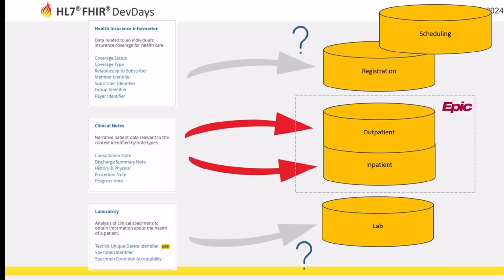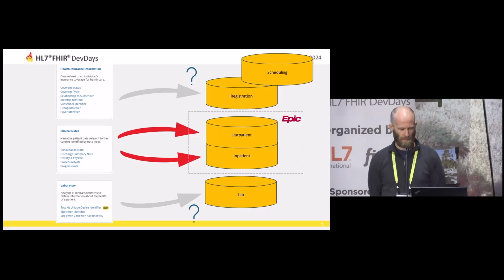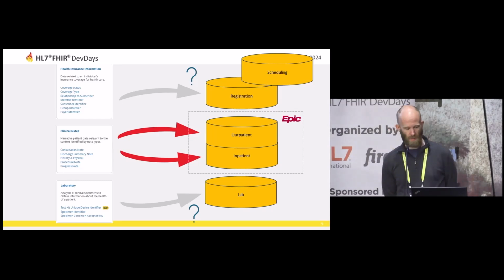So here's a different pattern that does exist, which is that some health systems may choose to use a different system for registration or scheduling or lab. And what this means is that if you're hitting the EHR's FHIR endpoint, that FHIR endpoint may not have access to coverage data because the health insurance information is stored in a different system. Or maybe even worse, the EHR may have some subset of that insurance information.